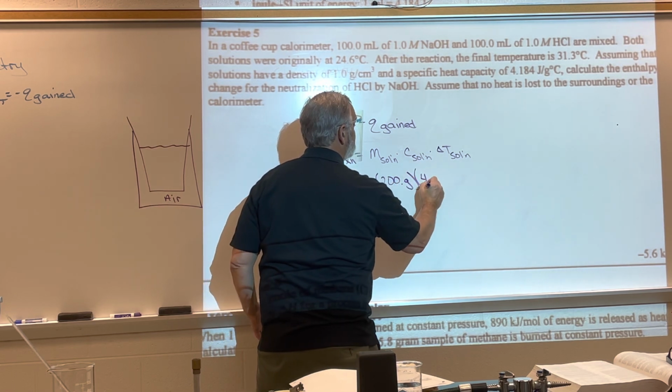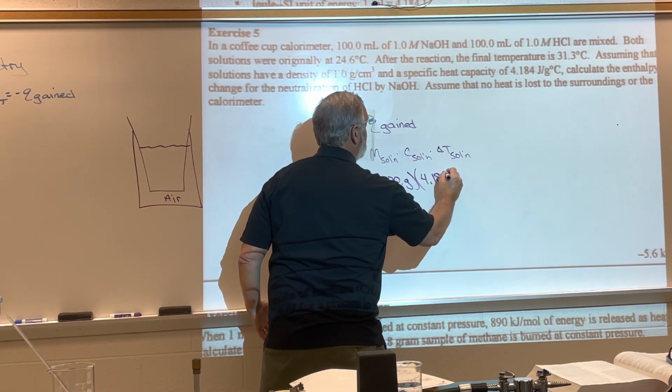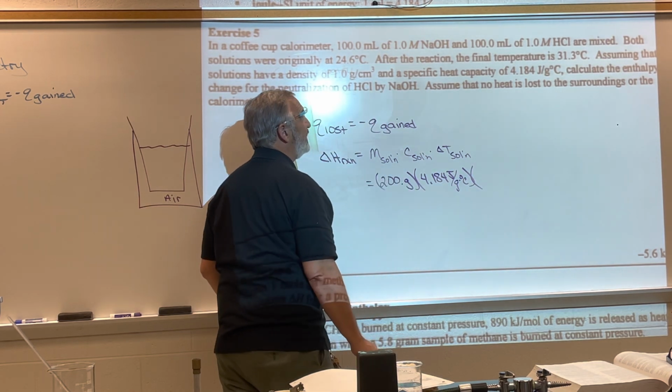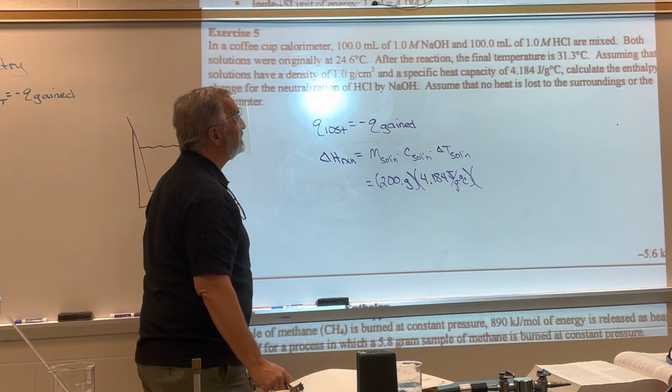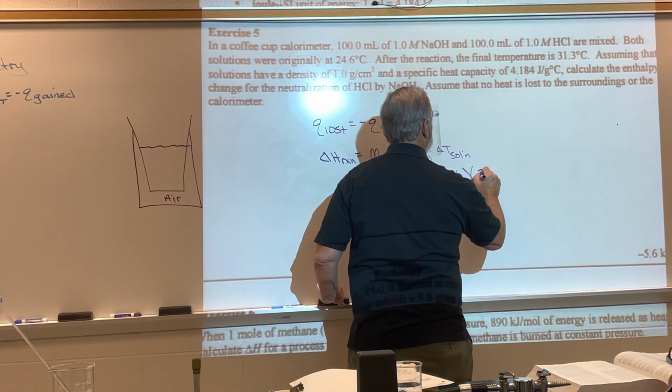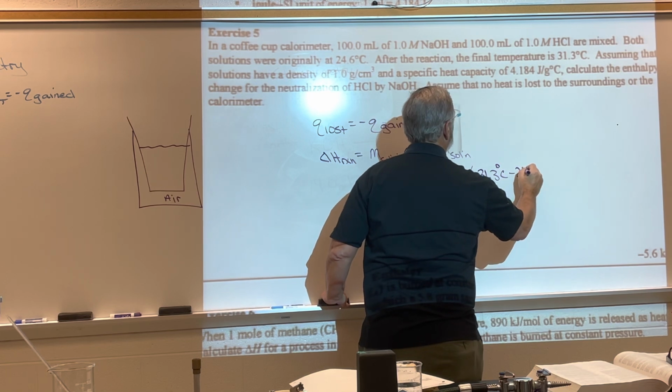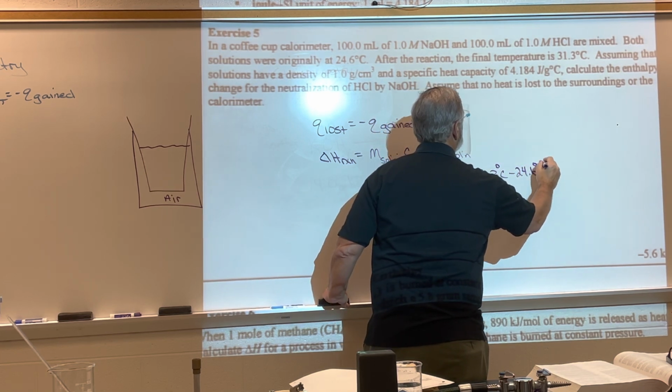The specific heat of the solution is 4.184 joules per gram degrees Celsius, times the change in temperature, which is always going to be final minus initial, 31.3 degrees minus the 24.6 degrees Celsius.